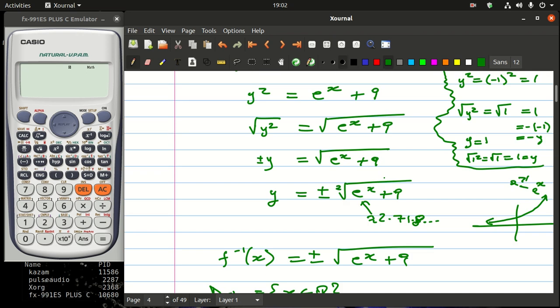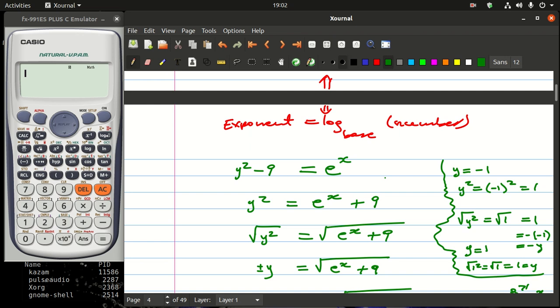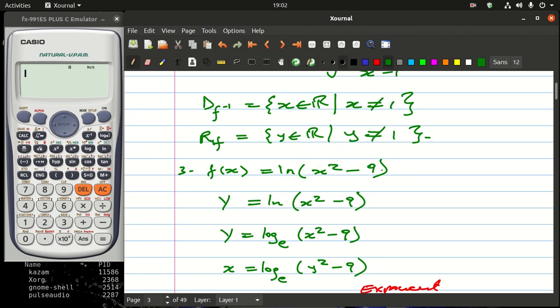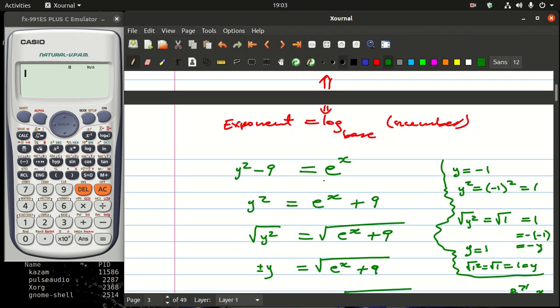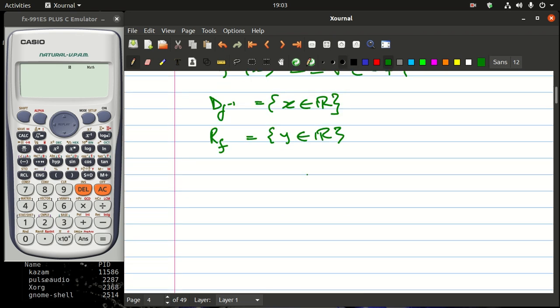This function, the range of it can take on any values of y.